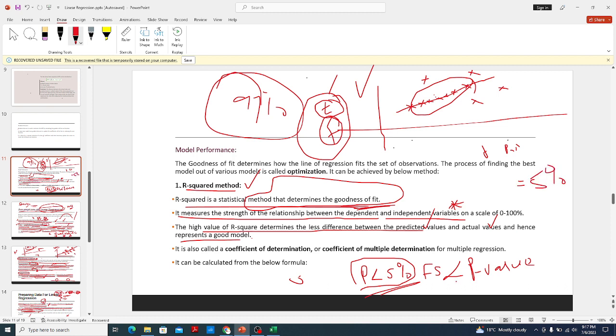Meaning if we get an F statistic which is less than 5%, or less than 0.05, then your model is reliable and statistically significant.